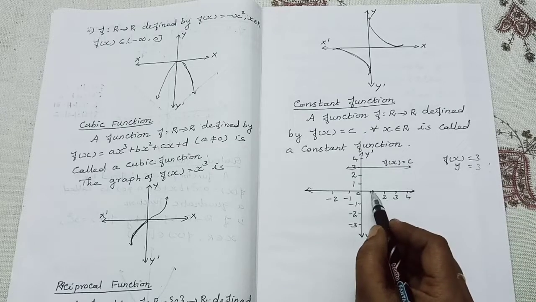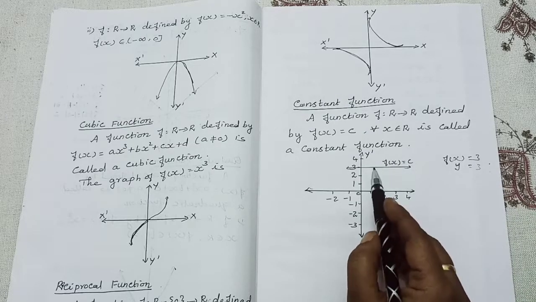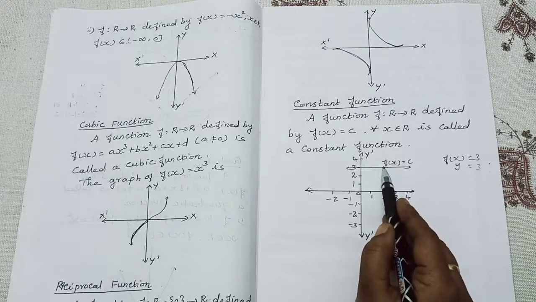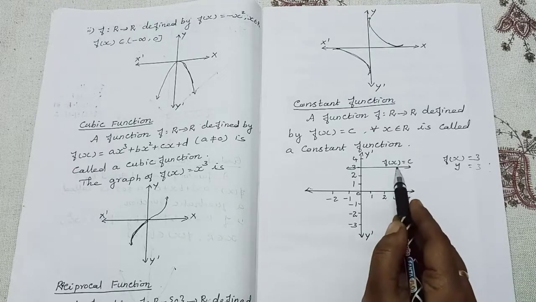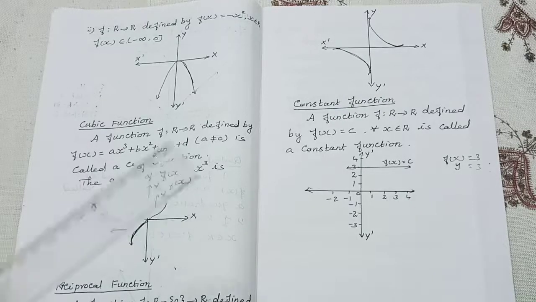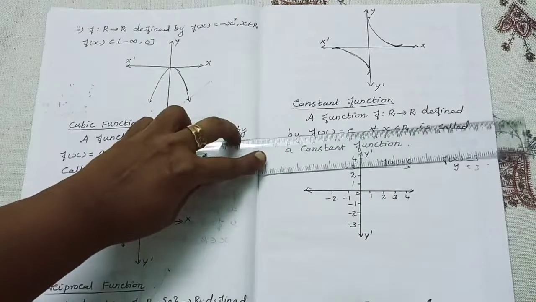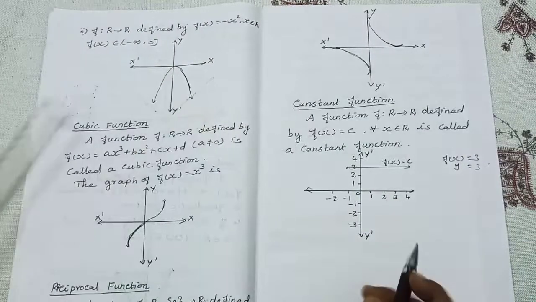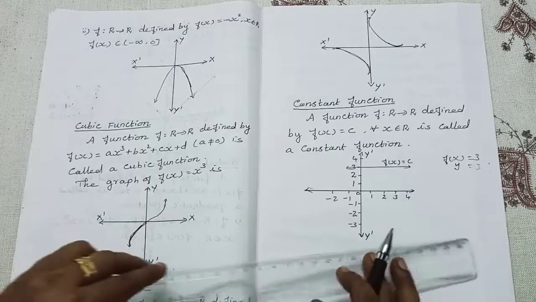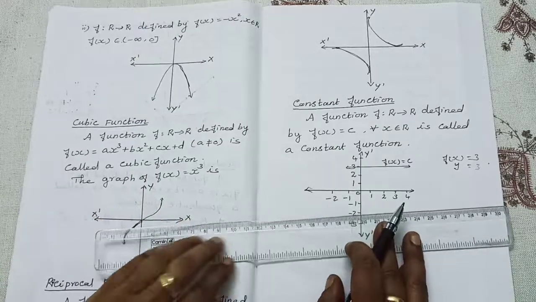Suppose x equal to 1, then y is equal to 3. X equal to 2 means y is equal to 3. Have you understood? That is a constant. So, how can we draw the line? Then a straight line will come. Suppose here f of x is equal to minus 2, I am taking. How can we mark minus 2 here?